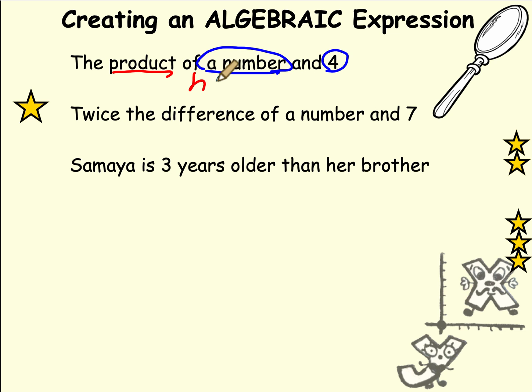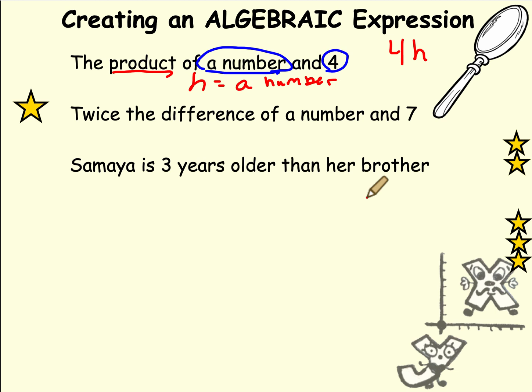So let's say h equals a number. And so now I want to write the product of 4 and a number. So remember, a number next to a variable with no operation between means multiplication. So this means 4 times a number, and we're using h as that number.